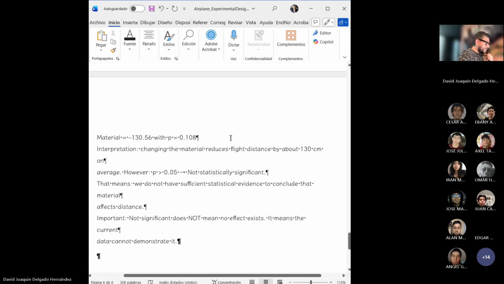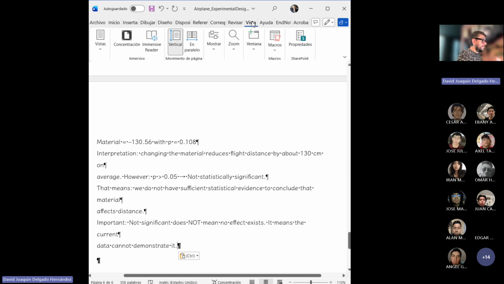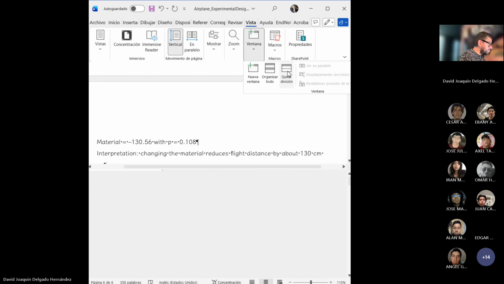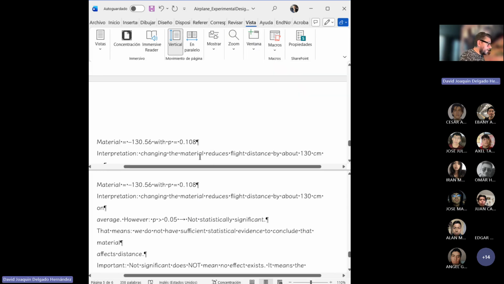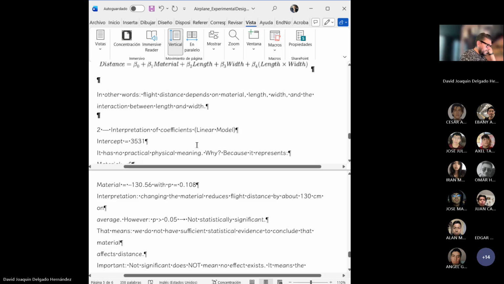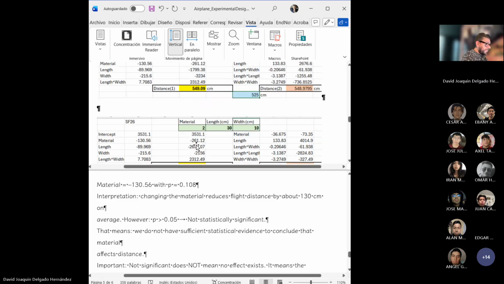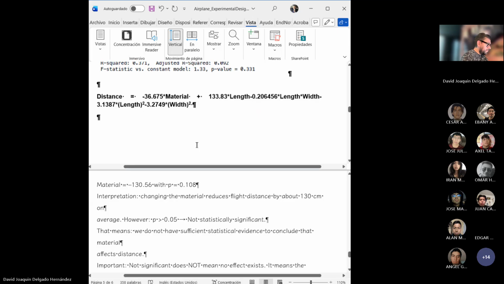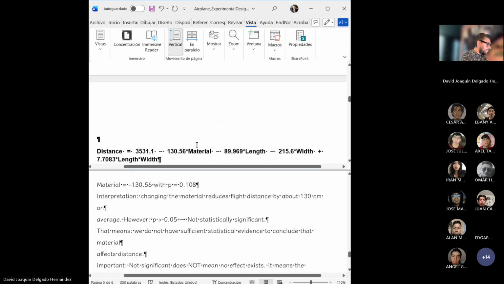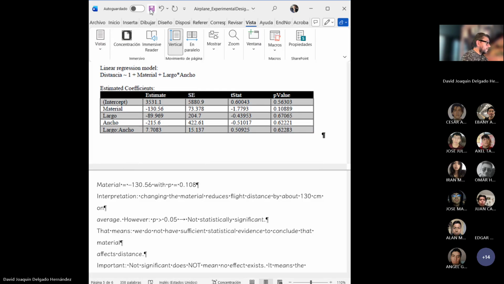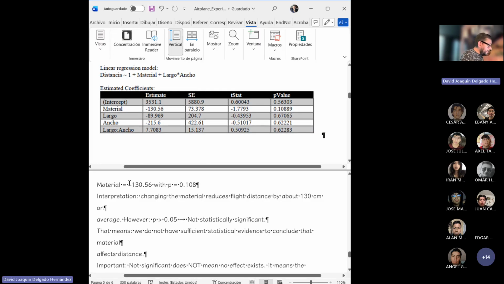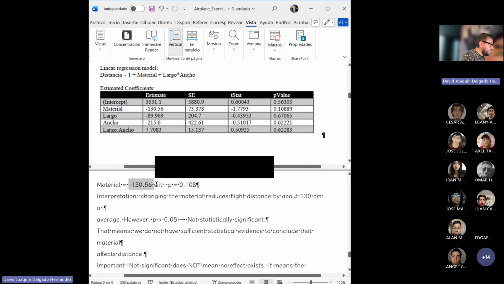Okay, let me divide this screen. The second coefficient is minus 130.56.